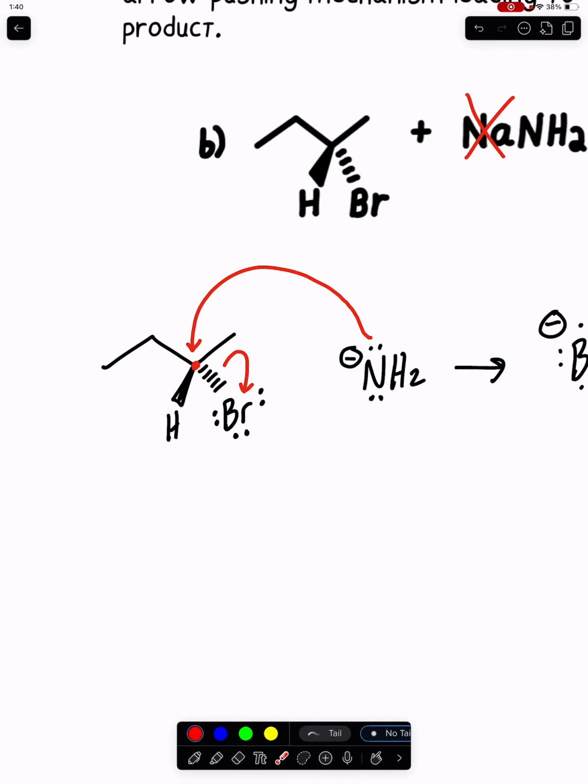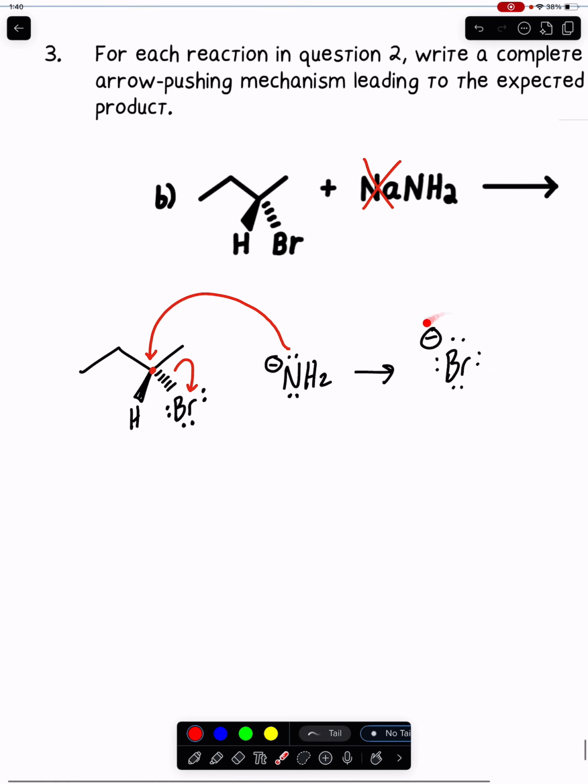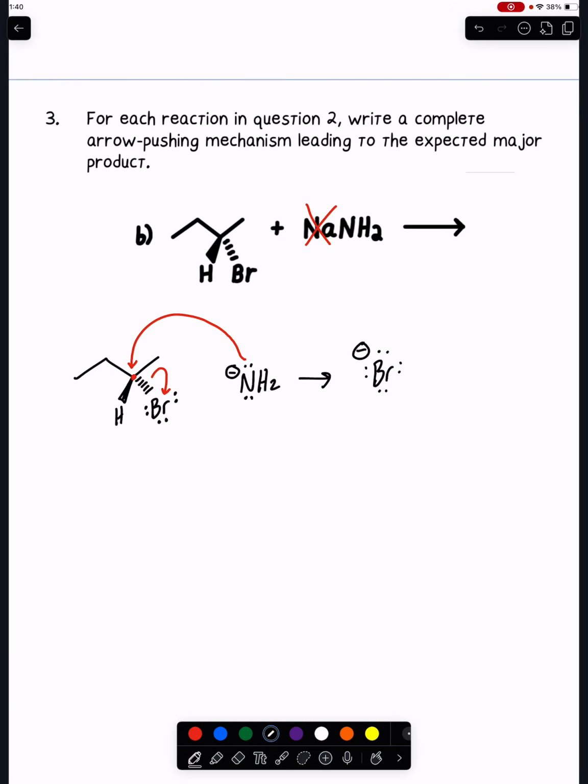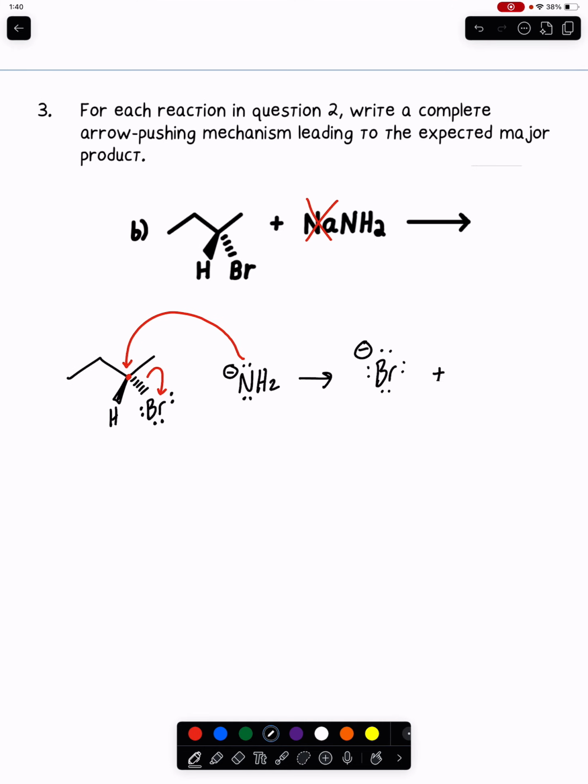They're also really unstable. So the thing that leaves is the most stable entity, which in this case is this bromide ion. But that's not really what we're after here. The major product in this case is going to be this species right here.